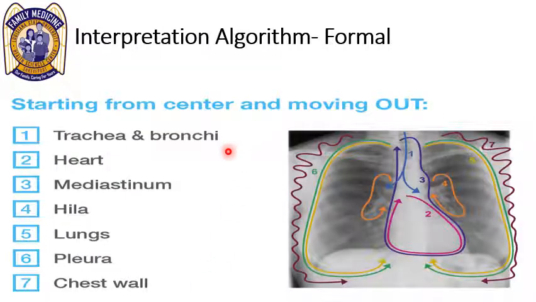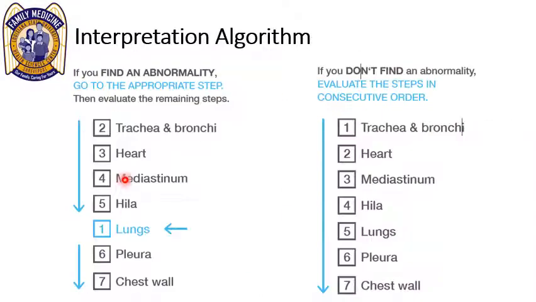So moving on to your algorithm, the alternative way, which is starting from the center and moving out, is the same stuff. You look at the trachea, bronchi, heart, mediastinum, and so on until you get to the chest wall. If you find an abnormality, then you're going to go to the appropriate step and then evaluate the remaining steps.